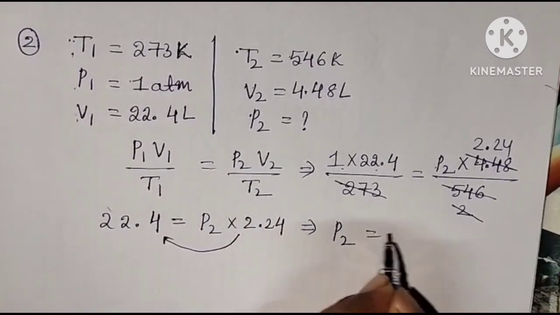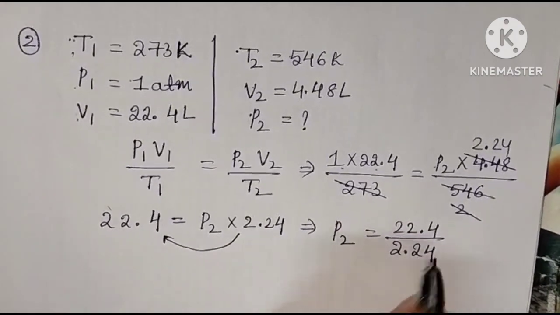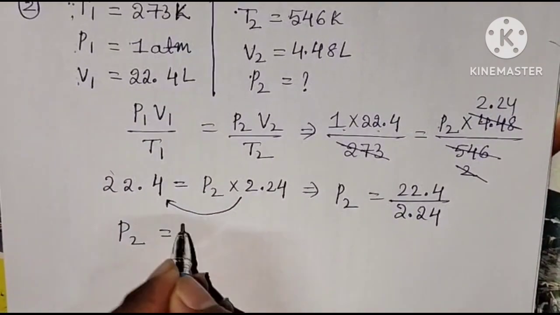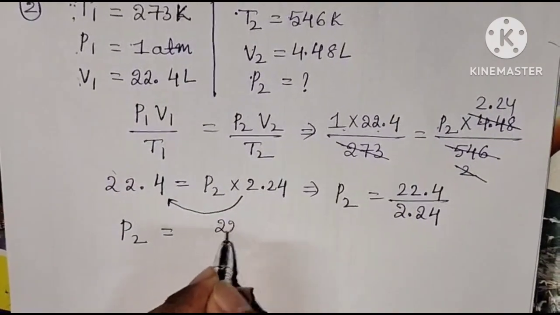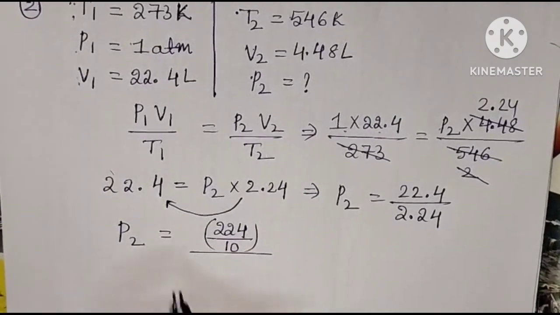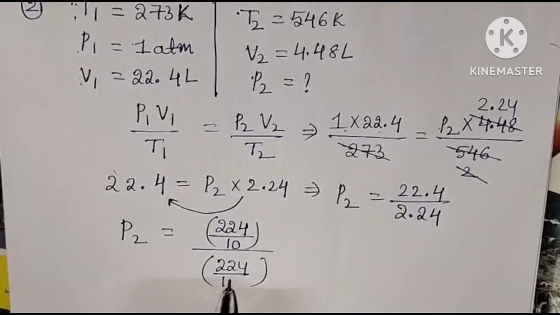P2 is equal to 22.4 by 2.24. Now P2 is equal to 22.4 means 224 by 10, by 2.24 means 224 by 100.